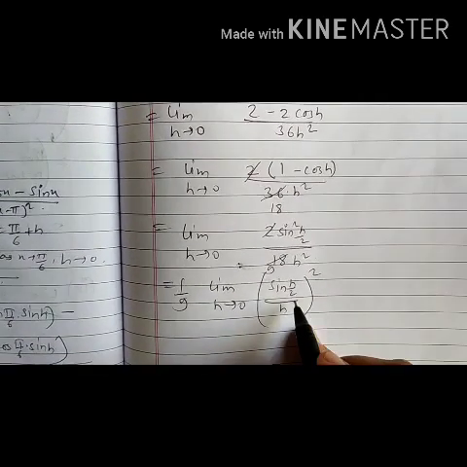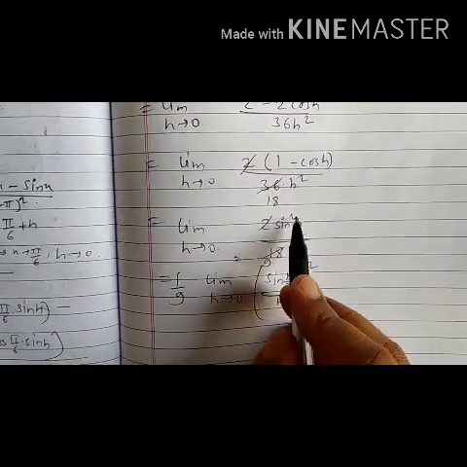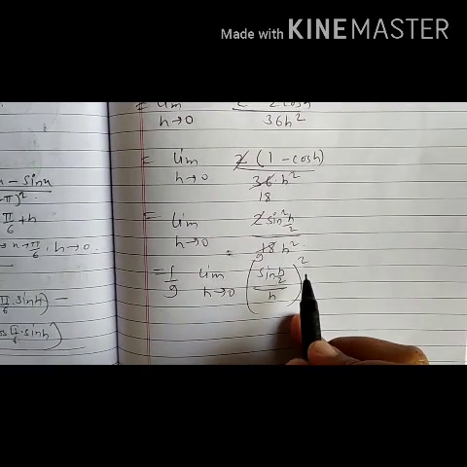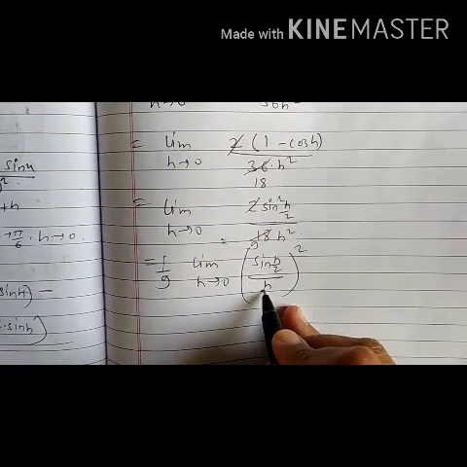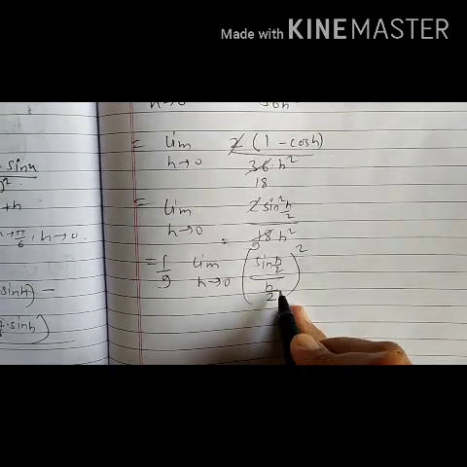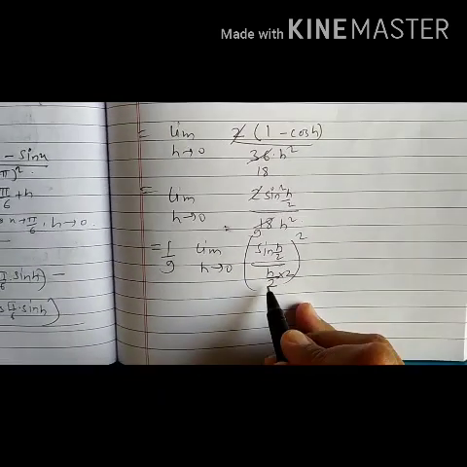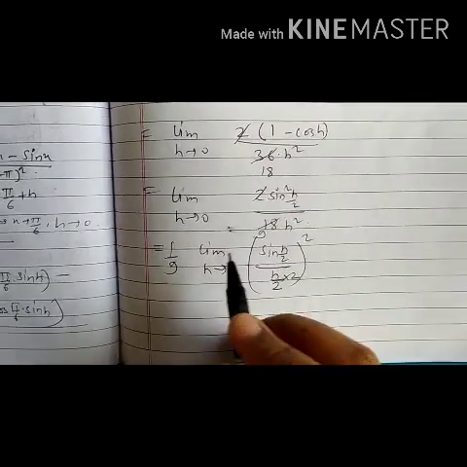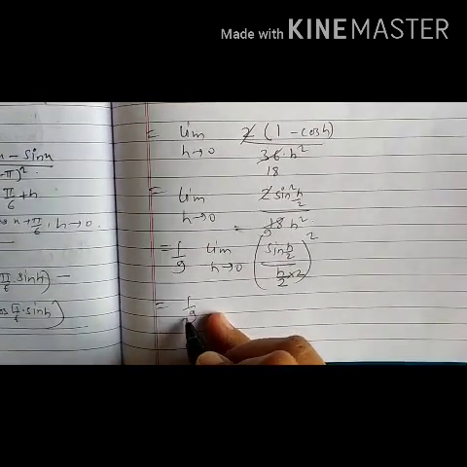Now here h by 2 is there, here sin square h by 2 upon h square was there, so both the quantities we have written inside the bracket and bracket square is there. So here we divide and multiply by 2 to h, so it will be sin h by 2 upon h by 2 and limiting value is 1. So we have 1 upon 9.